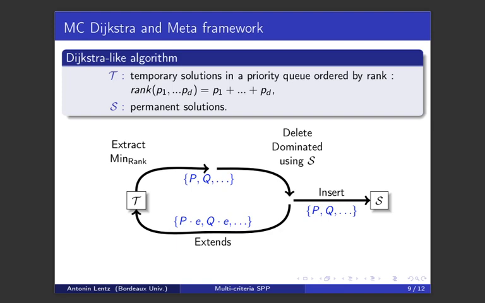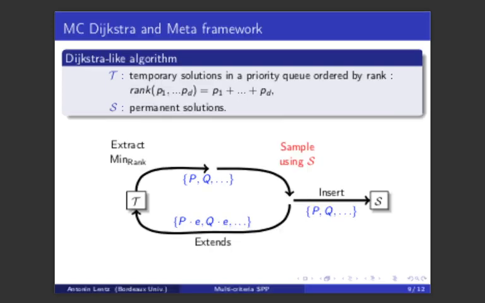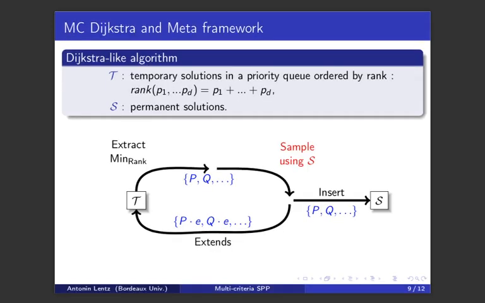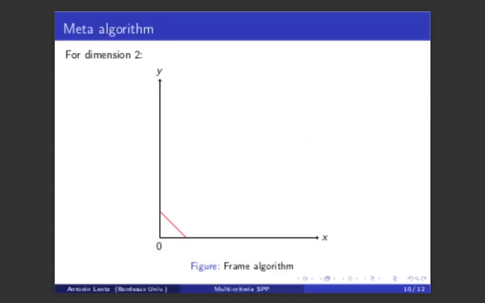But I presented the META framework so that it computes the Pareto set. But we want a summary. So instead of just removing dominated path, we are going to sample. Visually, the META algorithm works like that. We consider increasing rank, okay?